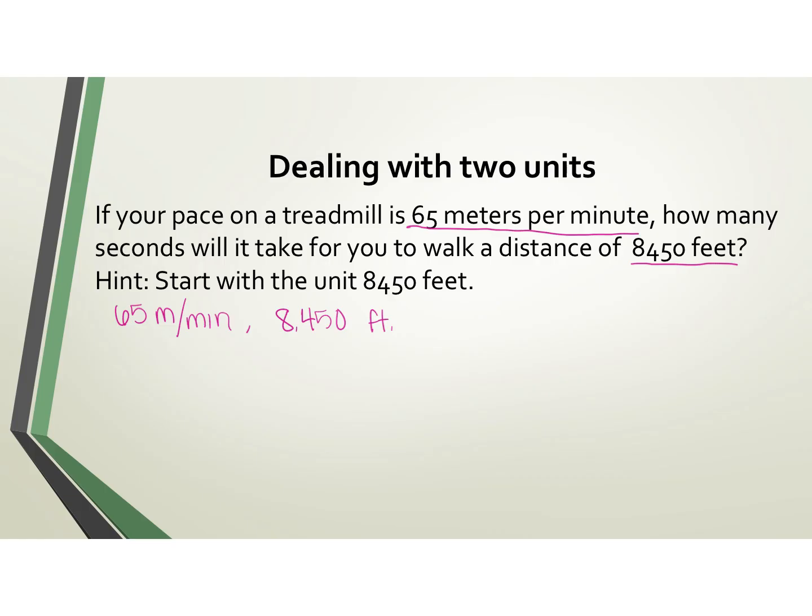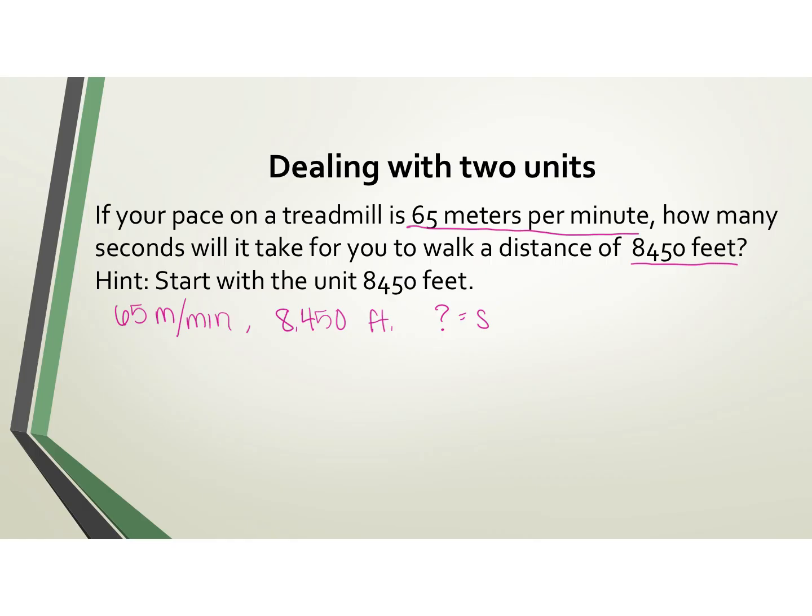And then we're trying to solve for how many seconds it's going to take us to go that distance if our pace is 65 meters per minute. So step one is just to organize your information. I'd recommend reading the word problem, you can underline, and then rewriting all of your information below so we have it all in one spot.